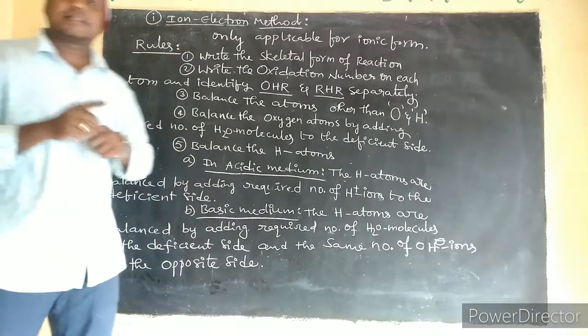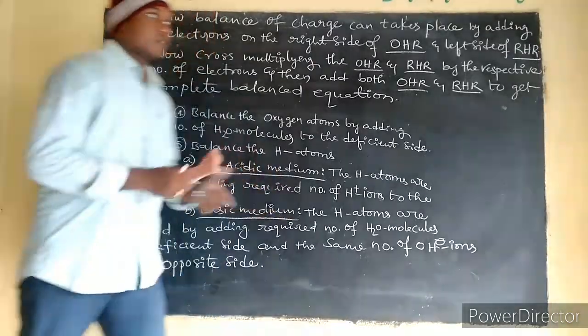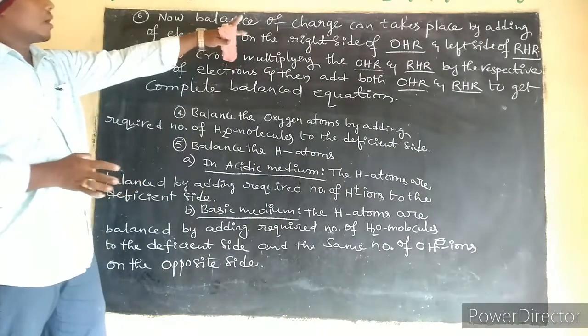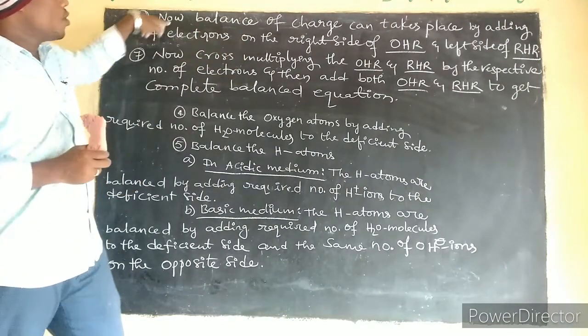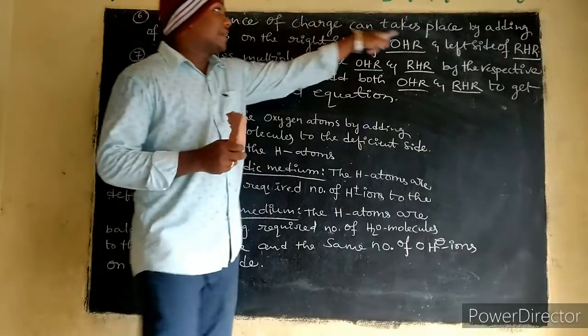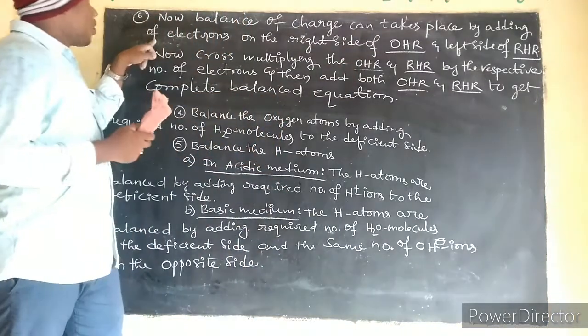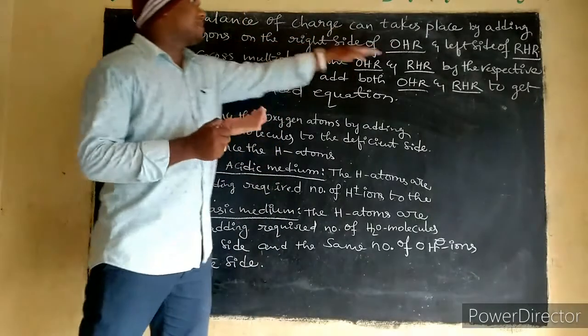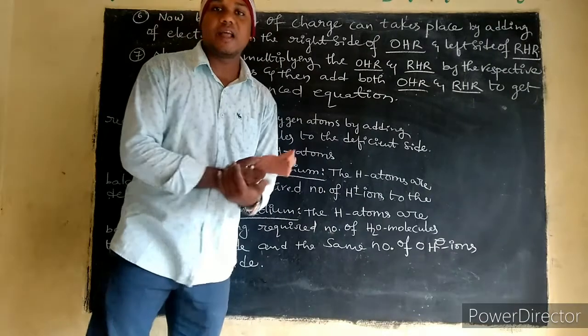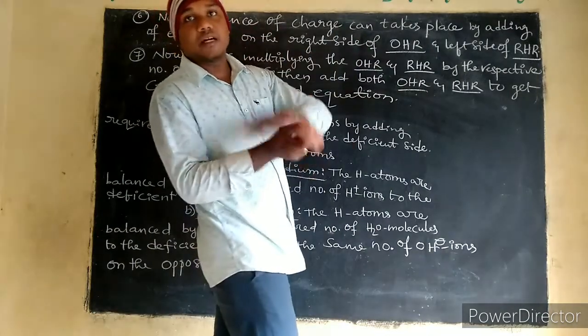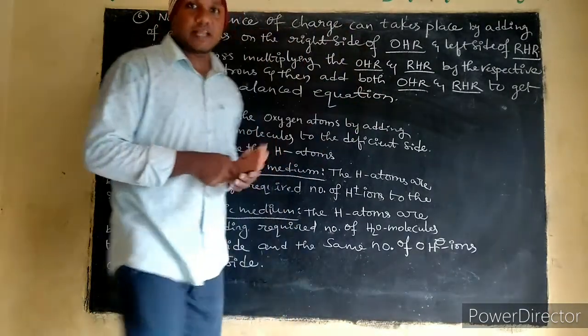The sixth rule for balancing redox reaction is, now balance of charge can take place by adding electrons on the right side of the oxidation reaction and the left side of the reduction reaction, correct?